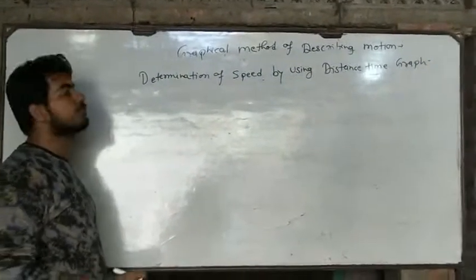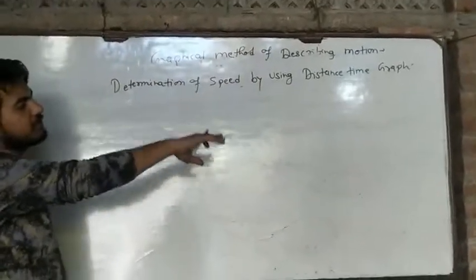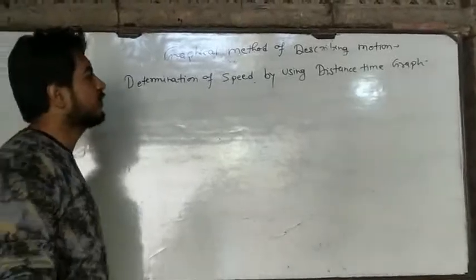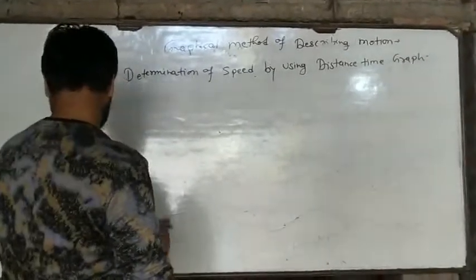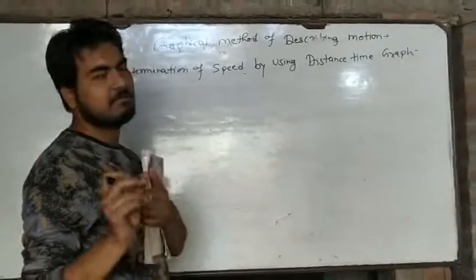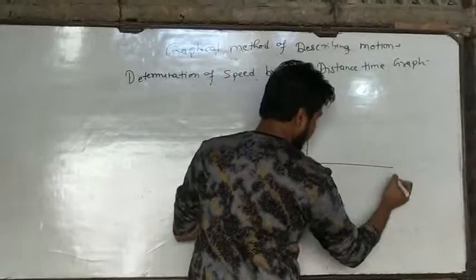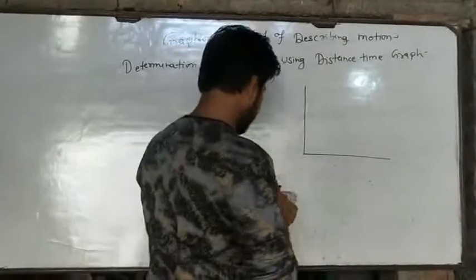Now we have to determine the speed by using the distance-time graph. So first, how to create a distance-time graph? In the question some conditions are given like this.